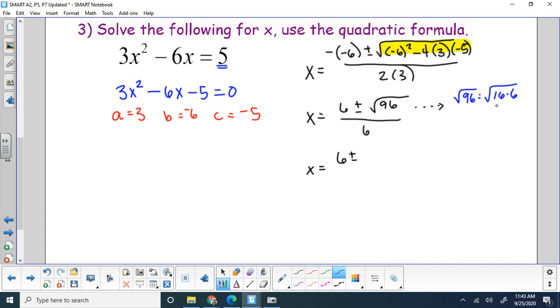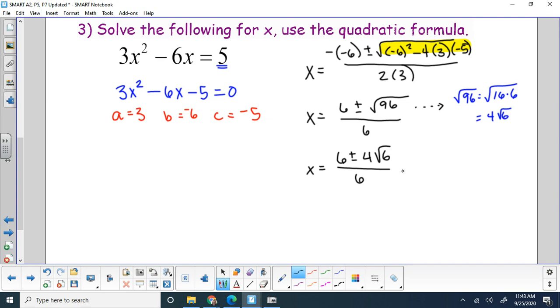I just took my calculator and divided 96 by perfect squares until I got one that worked out. Because the square root of 16 is 4, I can rewrite this as 4 times the square root of 6. So I'm going to bring that back into my problem. I have 6 plus or minus 4 times the square root of 6, all divided by 6.